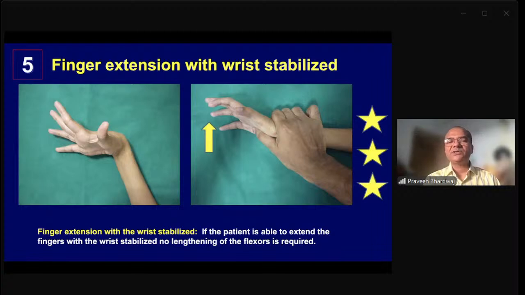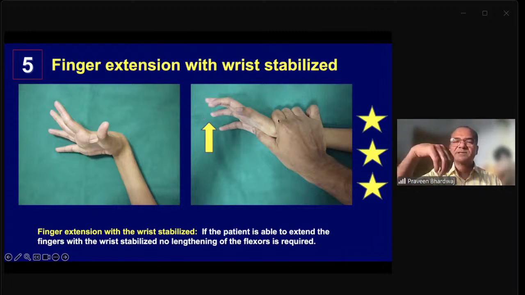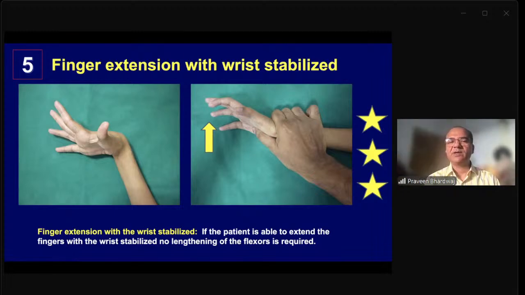If the patient does not have finger extension actively, but passively you are able to extend, that would indicate that this patient would require augmentation of the finger extension. That is very uncommon, but it could be one of the reasons why the patient is adopting a flexed wrist posture, just in order to improve their finger opening up.